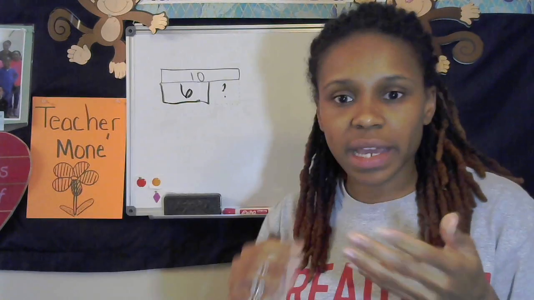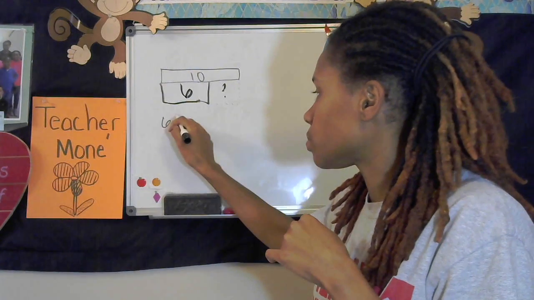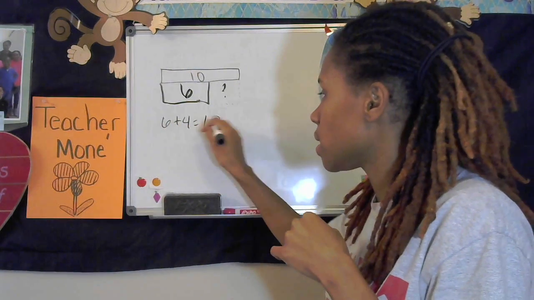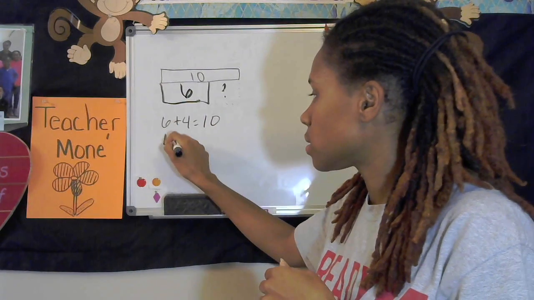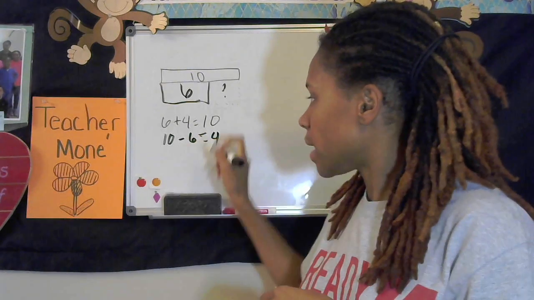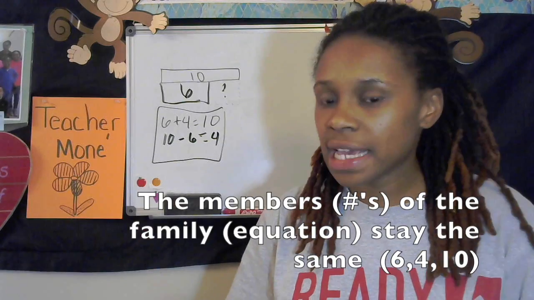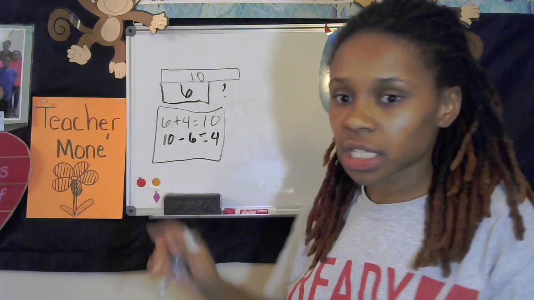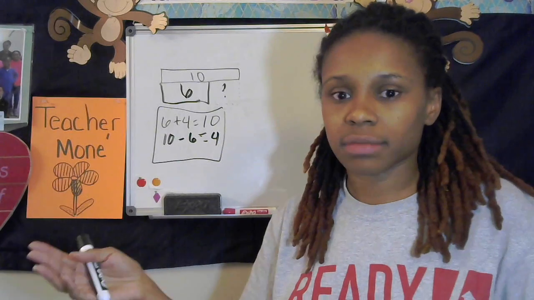There are several different ways to get to that answer. You can add on, 6 plus 4 equals 10, or they can subtract. Take the whole amount and subtract 6 to equal 4. Okay? As you can see, this is part of what we call a fact family. This strategy works for any numbers you are adding and subtracting.